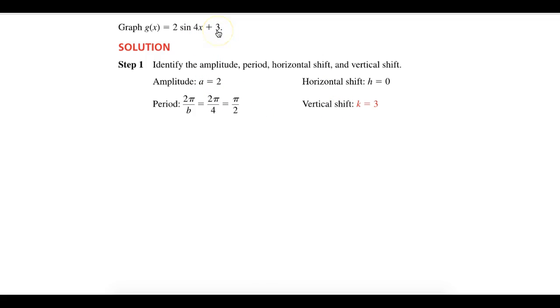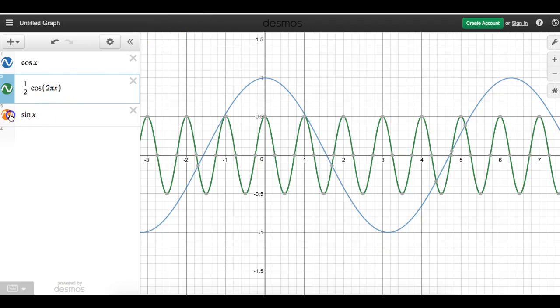Now, remember, if we go back to Desmos and we look at our sine function right here, the 5 key points that you need for your sine function are the starting point, the ending point, and the midpoint, which are your 3 x-intercepts, and your maximum and minimum.